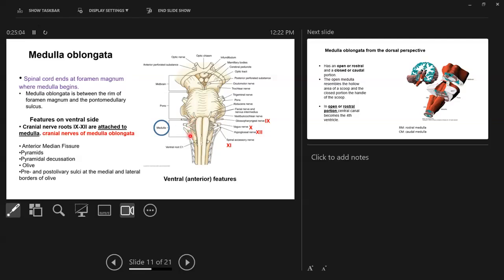In this ventral aspect of the medulla, we can see the anterior median fissure. We have seen that in the spinal cord as well. We retain it even as we go into the medulla. These two bulges, the pyramids, the medullary pyramids, the pyramidal decussation that may be subtle in an actual cadaveric specimen, very subtle.